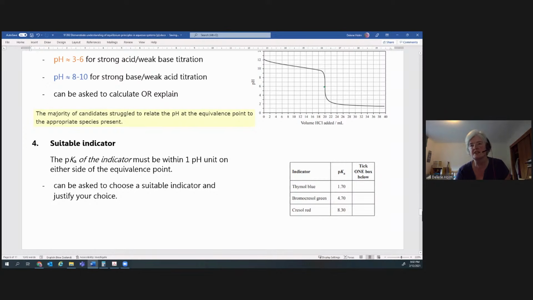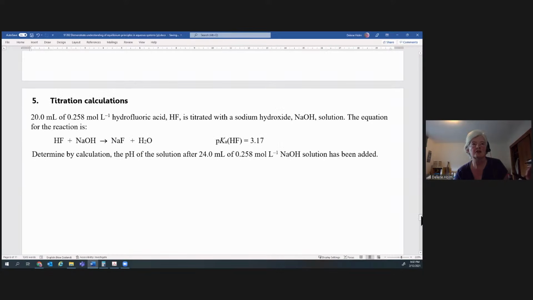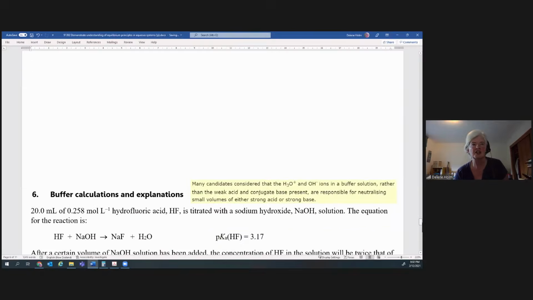So actually none of these would be suitable indicators, because they're not within one pH unit of a pH of around 6. I should have it between 7 and 8. I could, at a push, use Cresol Red, but it's not very good. Yep, you're going to be using titration calculations.